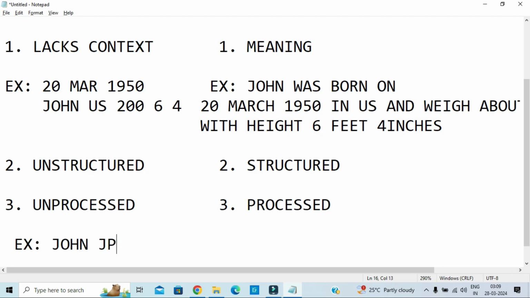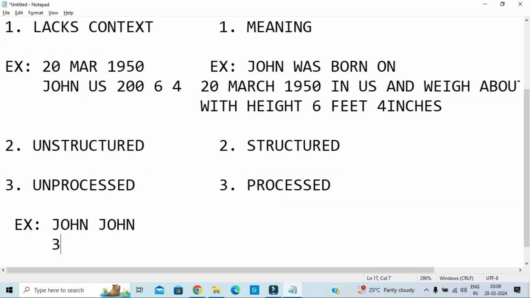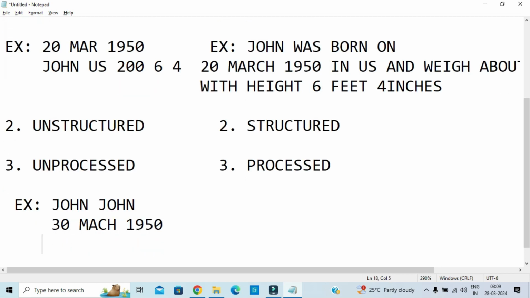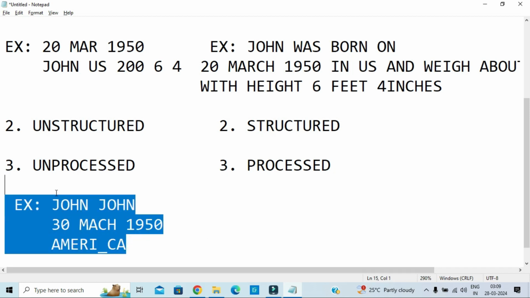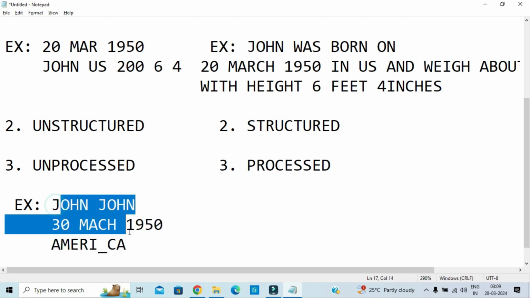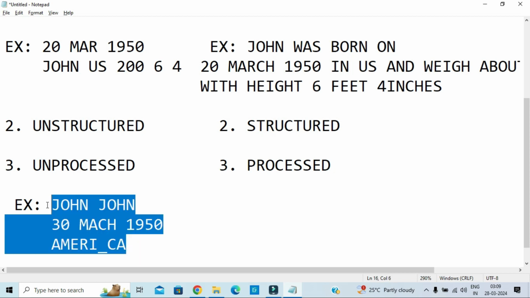John, 30, March, 1950, America. If you look at this data, have you found out anything from it?